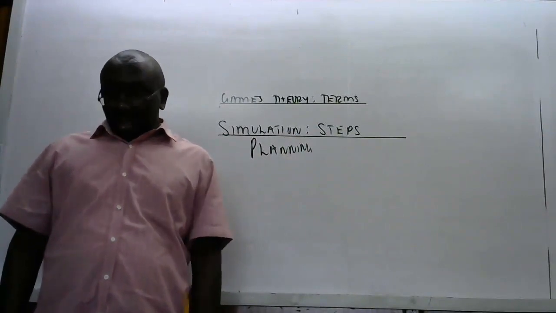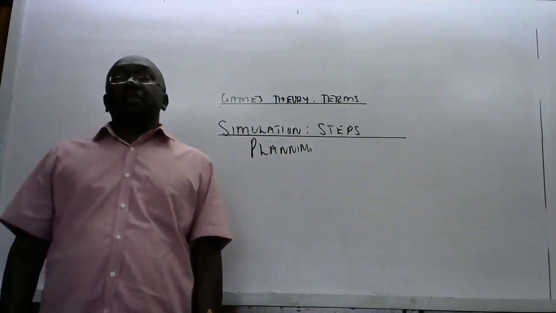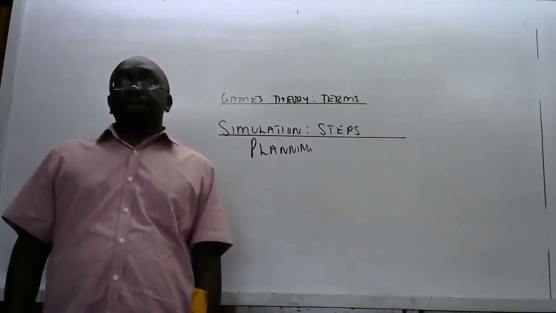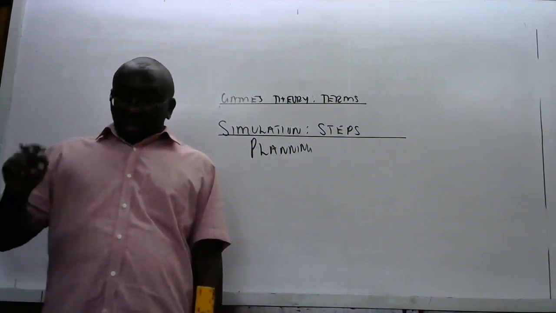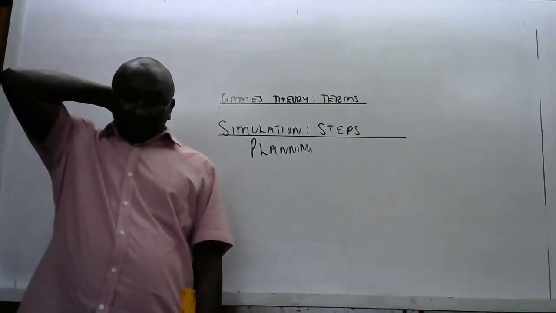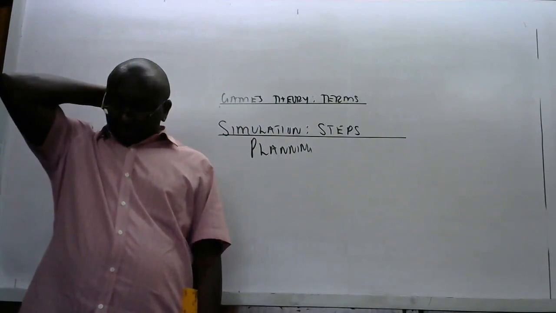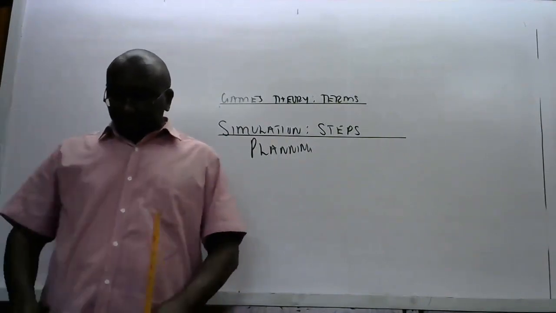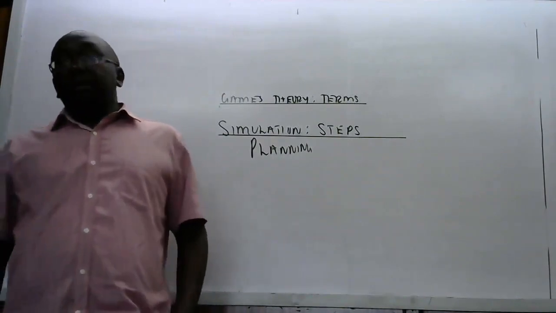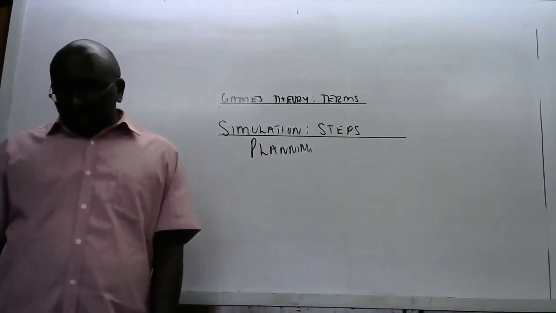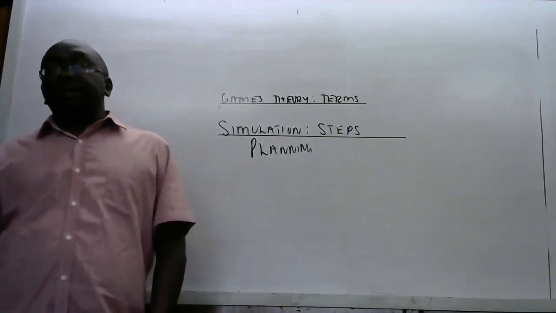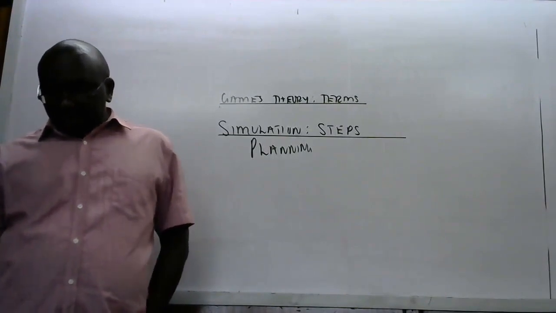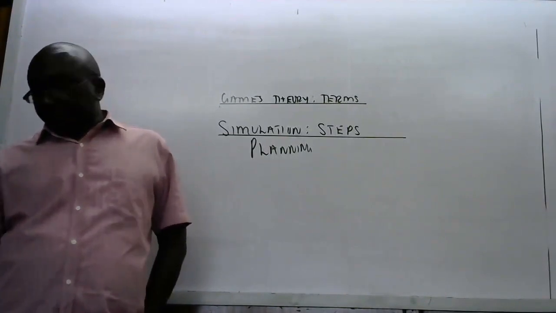Number three is called system definition. Step number four is called model formulation. Number five is called input data collection and analysis.